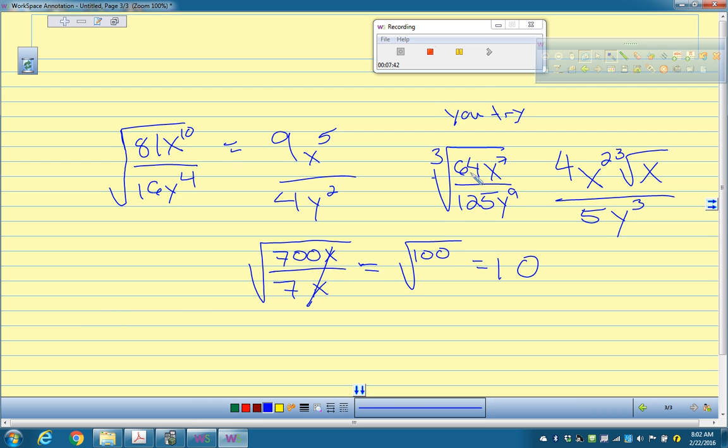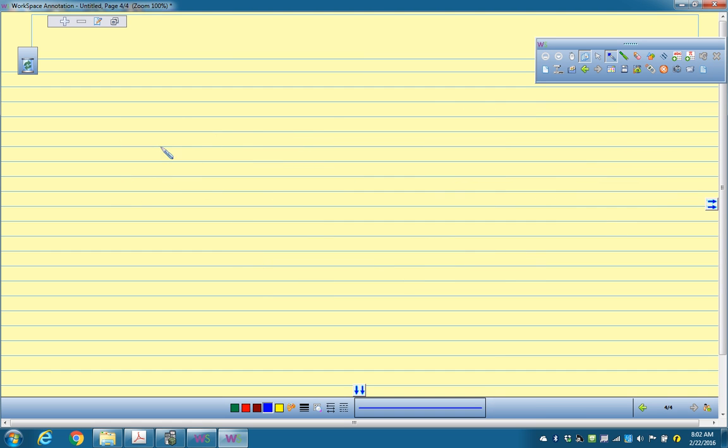Okay. Let's do another example, and then we'll move on. If I see one like this, the cube root of 40xy cubed over the cube root of 8x.